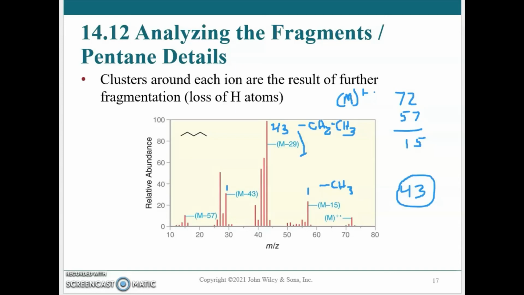And then this is an m over z of 29, and that would be 43 minus 14.